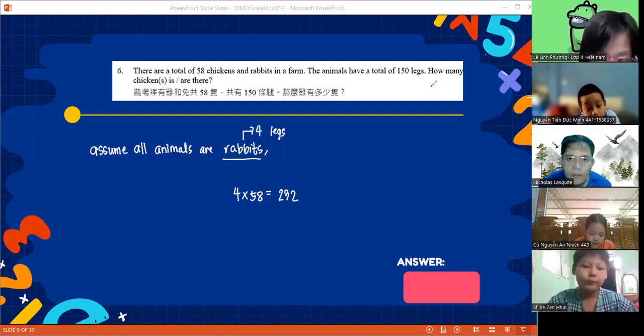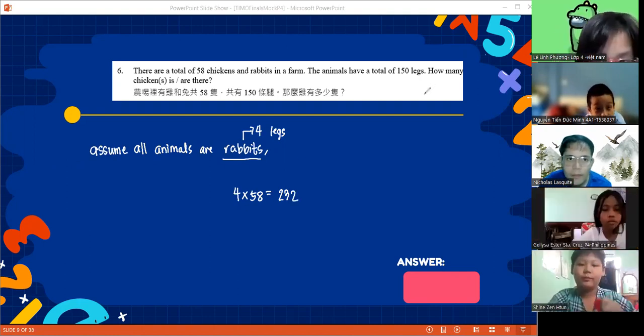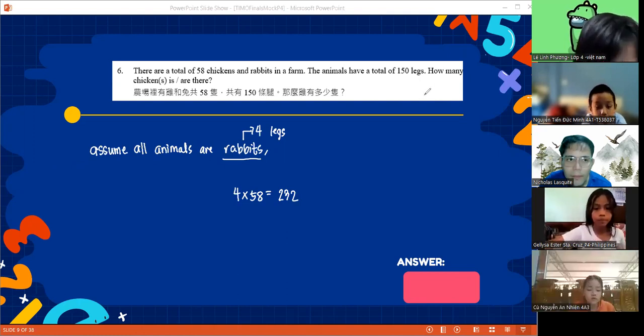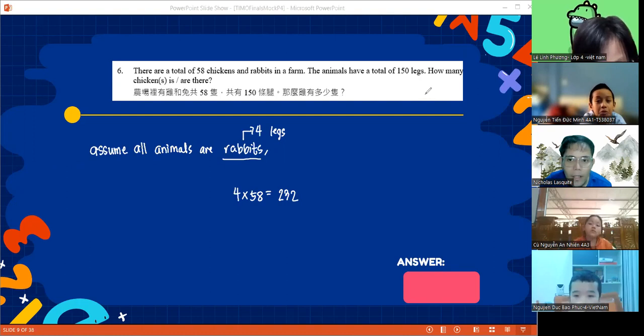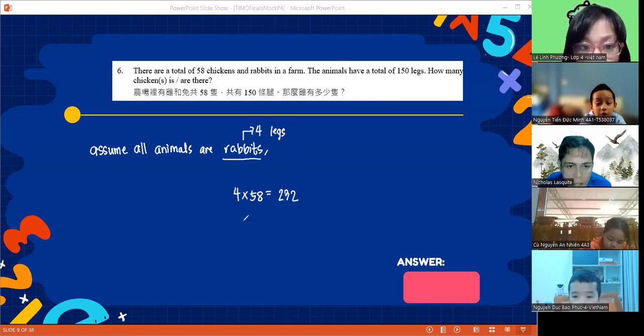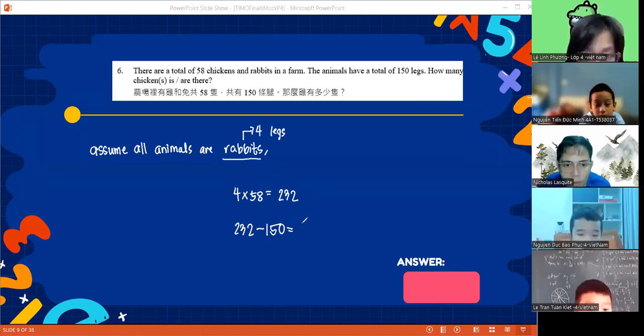But there are only 150 legs. So we have 232 minus 150, meaning this is the excess leg. That would be 82.